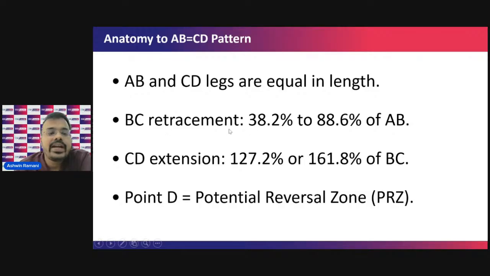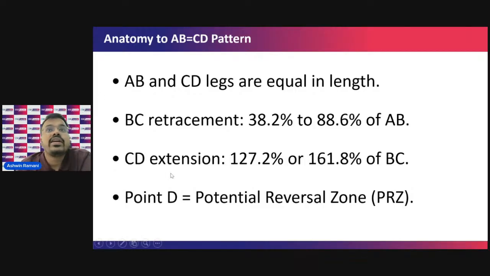Secondly, we are going to look at retracement. Last week we saw that there are different Fibonacci retracements like 23.6, 38.2, 50, 61.8, 78.6, 88.6. These are the different Fibonacci retracement levels.